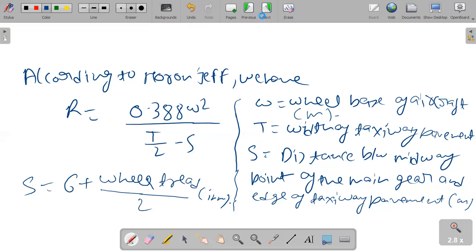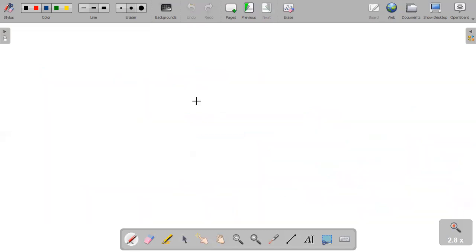And one last thing in taxiway design of airport engineering: exit taxiway.